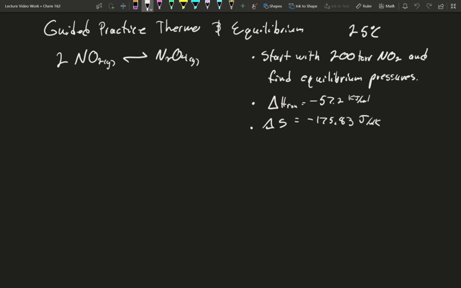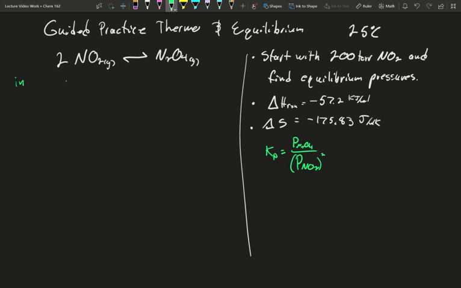All right, if you're back, well, remember that our Kp is equal to the pressure of our product, N2O4, over the pressure of our starting material, NO2 squared. If I have Kp, I can find my equilibrium concentrations if I know the starting concentrations. We'll need an ice table, but I know my starting amount. It was 200 torr.